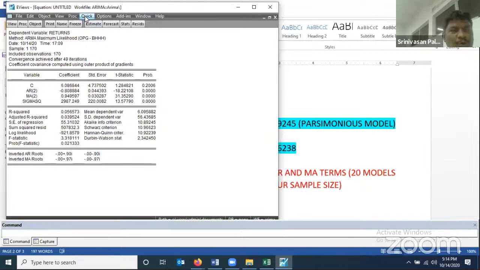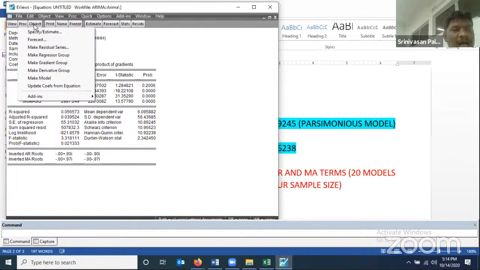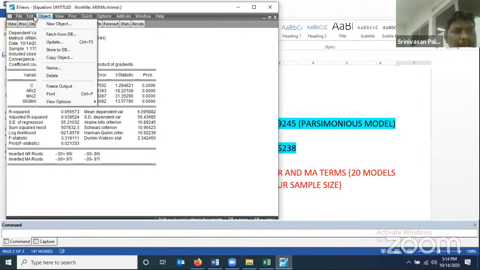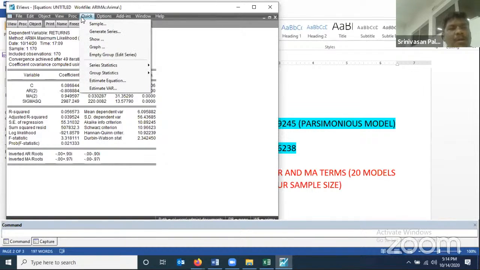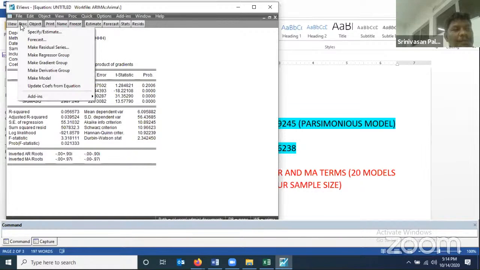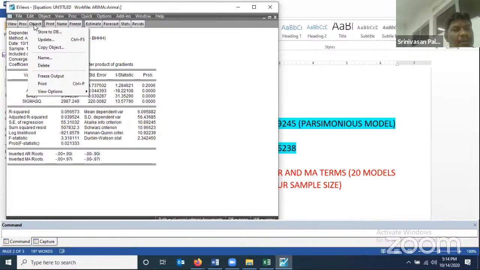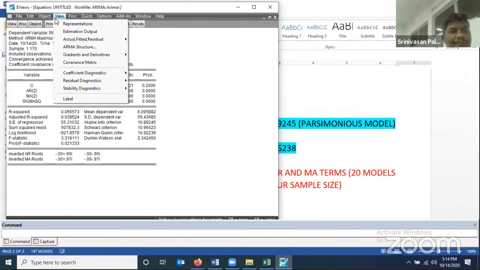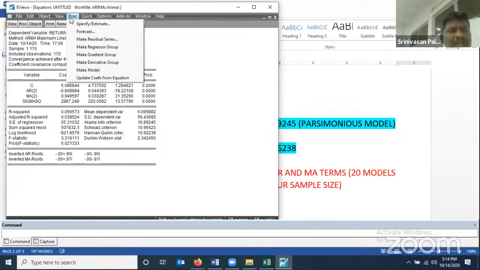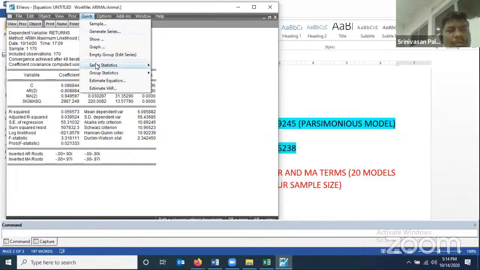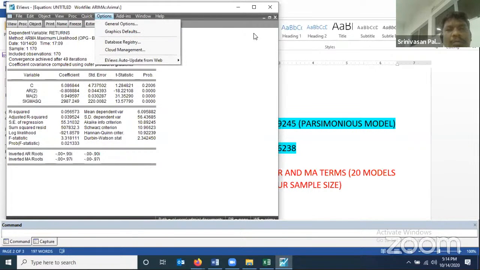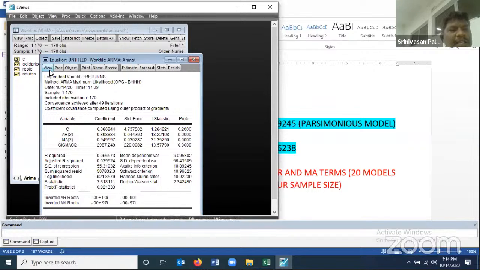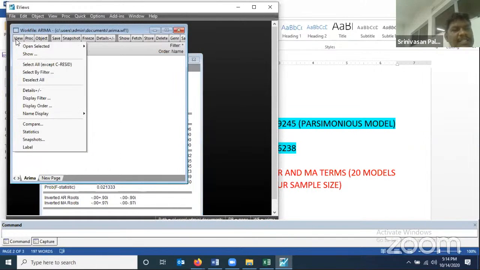Go from here to Proc. Let me see. Group view. Here it is.